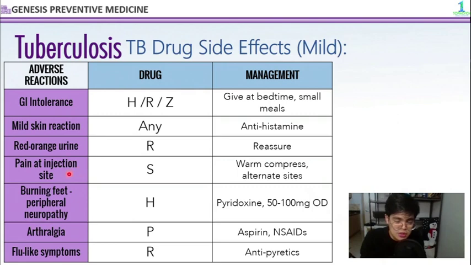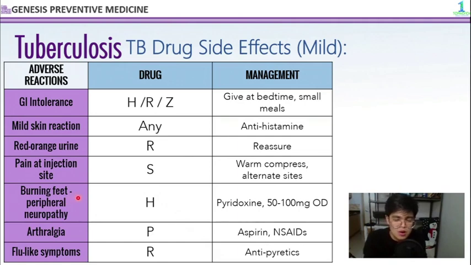Pain at injection site obviously is for the injectable parenteral drug streptomycin. You give a warm compress after injection, and alternating sites of injection, so left, right, on subsequent injections.